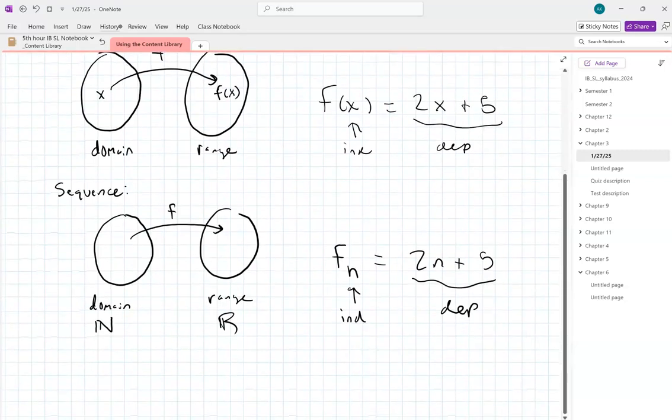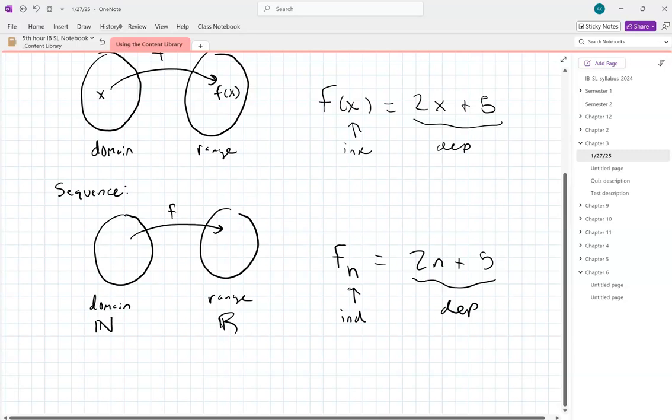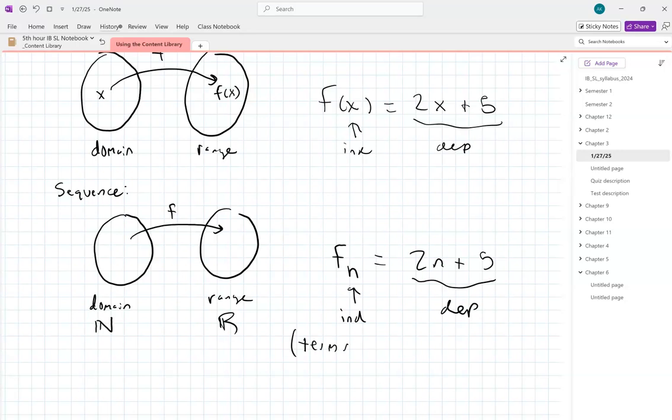So for sequences, we have additional vocabulary. We call these independent variables the term number. So if n is 5, it would be the 5th term in the sequence. If n is 12, it would be the 12th term in the sequence. And the dependent value is the term value.